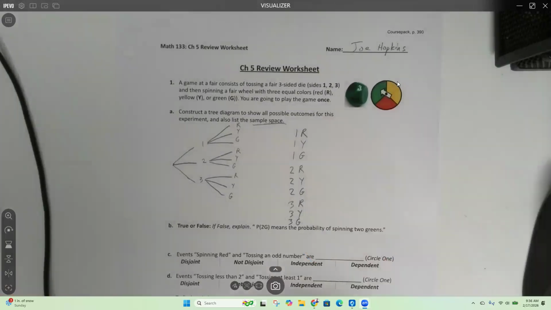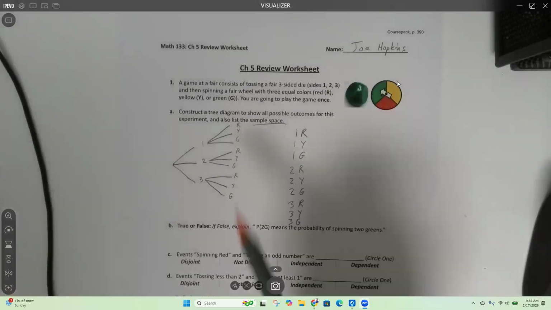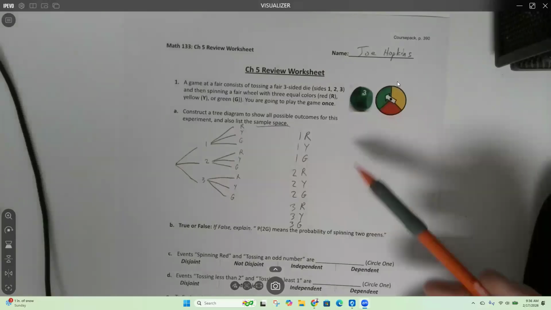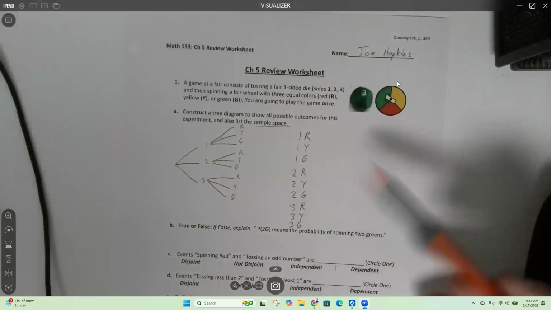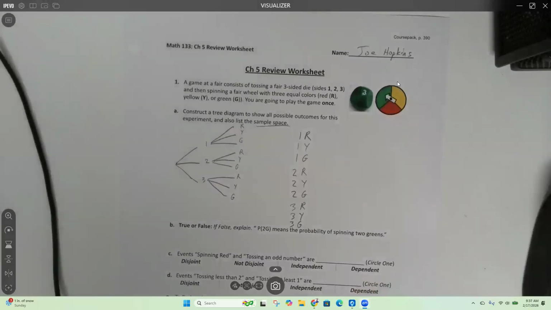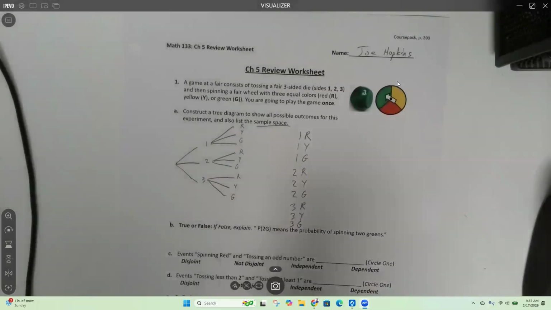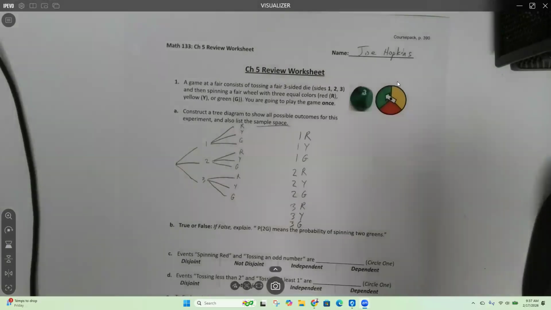Now, if we had a six-sided die, we would have six times three, which is 18, not an outrageous sample size. It would take a while to write them out, so I'm not going to make you do something big like that. If you have a six-sided die and you roll it twice, 6 times 6 is 36.